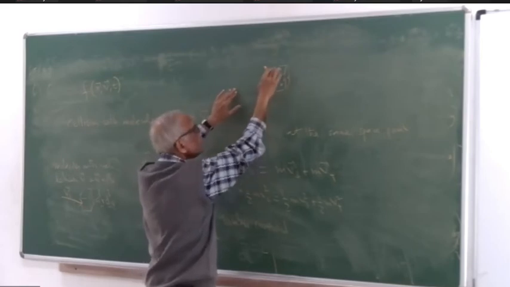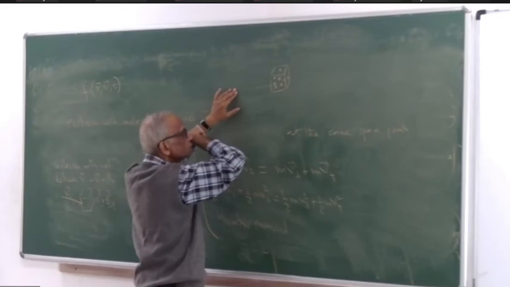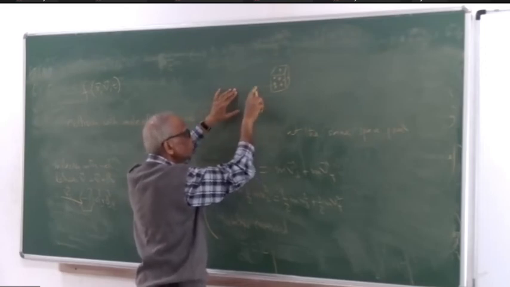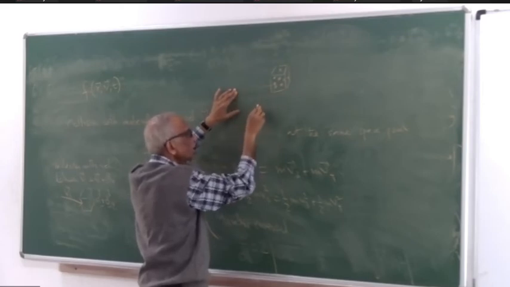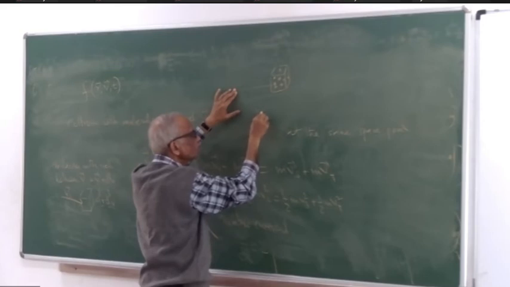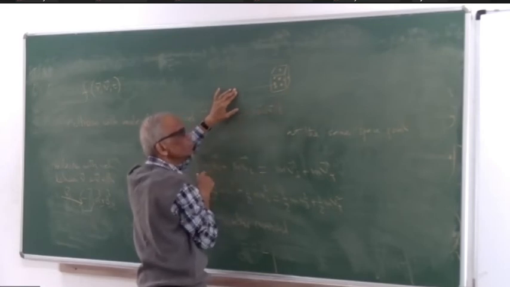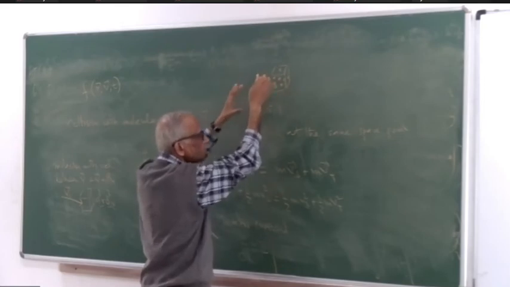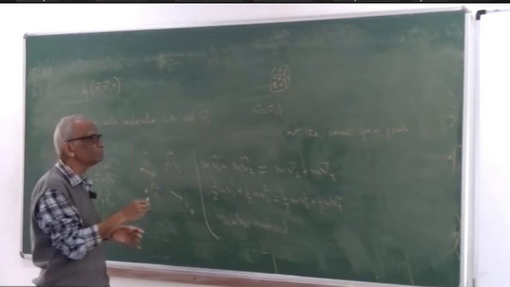If they want to come and collide with this, then in unit time, the number of them which will be able to come and hit are those residing in the box which has a length v minus v1 and a cross-sectional area which is the cross-sectional area of this.